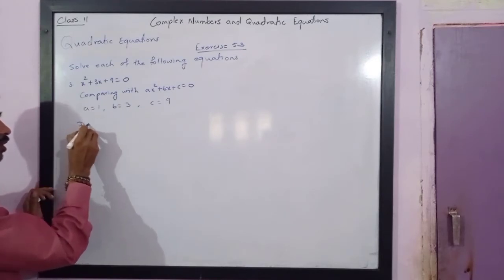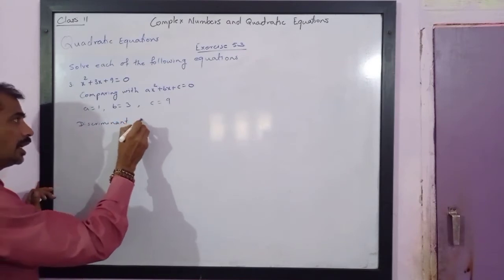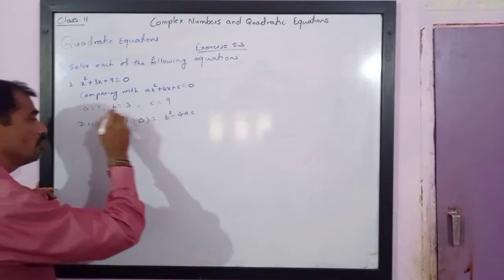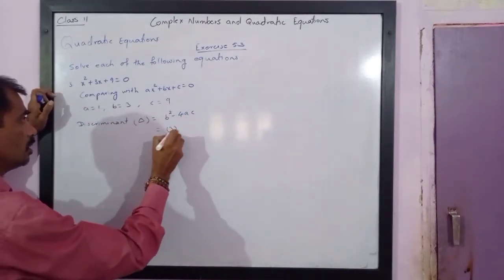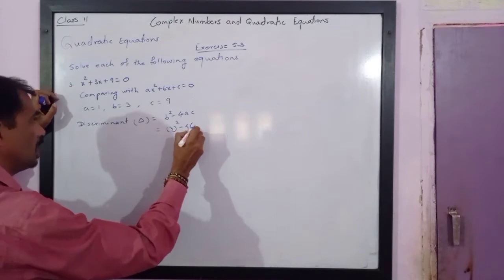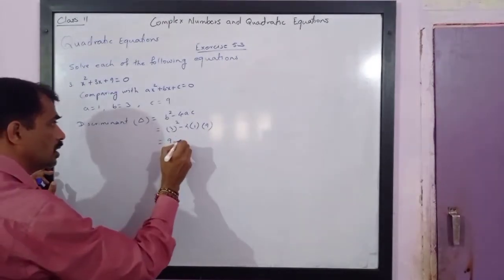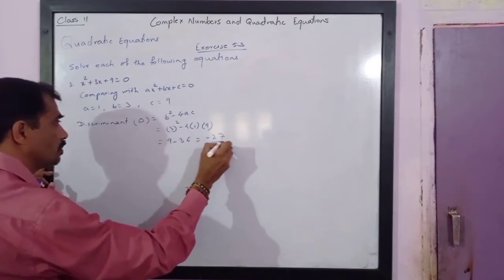Discriminant delta equals to b square minus 4ac. Now if you put the values, you will get b square is 3 square minus 4 times a is 1 and c is 9. So this is equal to 9 minus 36. So 9 minus 36 is negative 27.